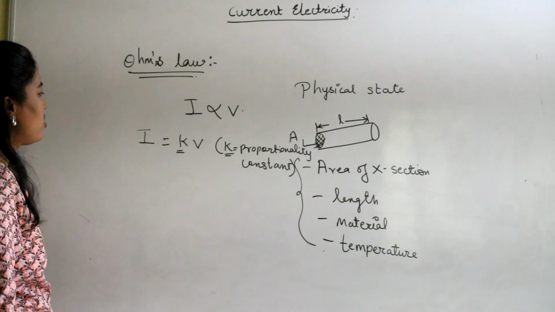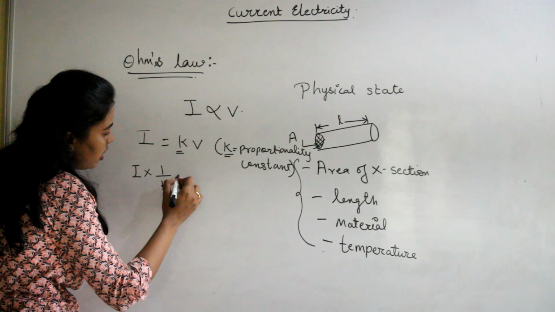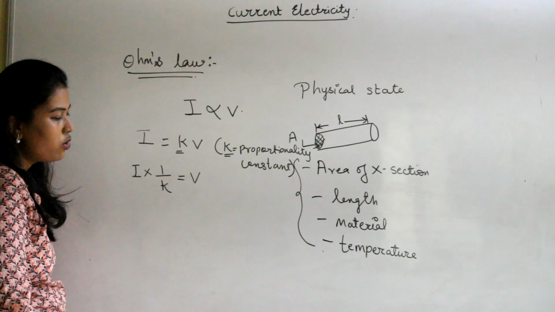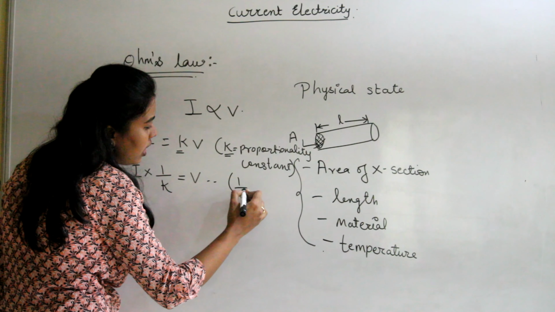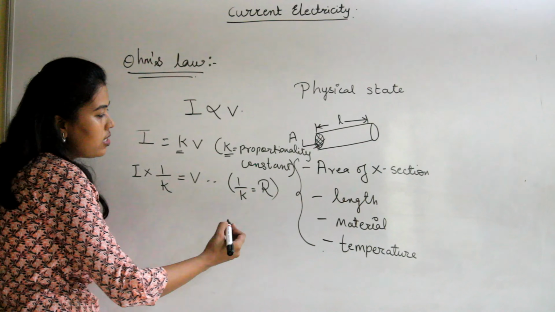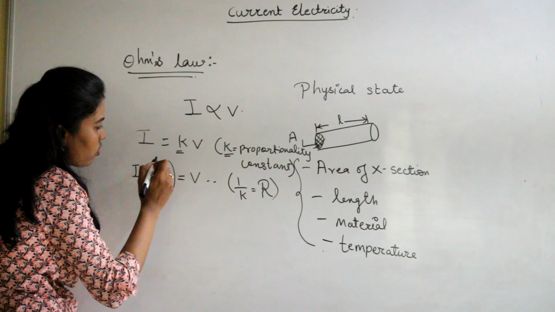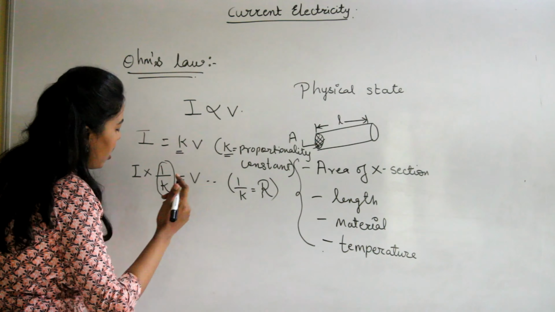So you can rearrange this equation and write it as I into 1 upon K is equal to V. So what is this 1 upon K? This is nothing but your R. This R means resistance. So in place of 1 upon K, you can write R. So I into R is equal to V, and this is the basic Ohm's law.